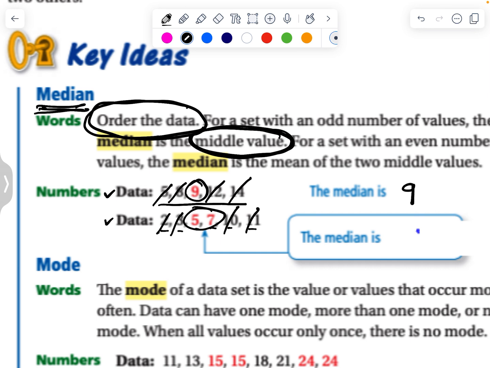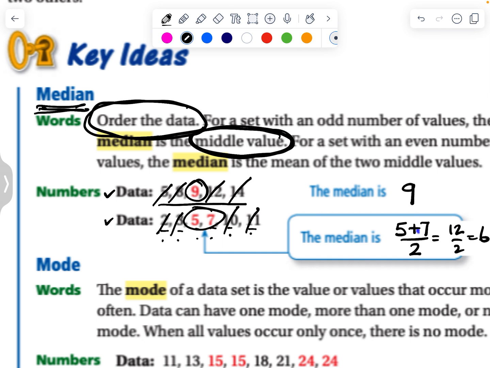When you have an even amount, 1, 2, 3, 4, 5, 6, there will always be 2 in the middle. In this case, you add the 2 middle numbers together and divide by 2. 5 plus 7 is 12, divided by 2 is 6. So our median is 6.